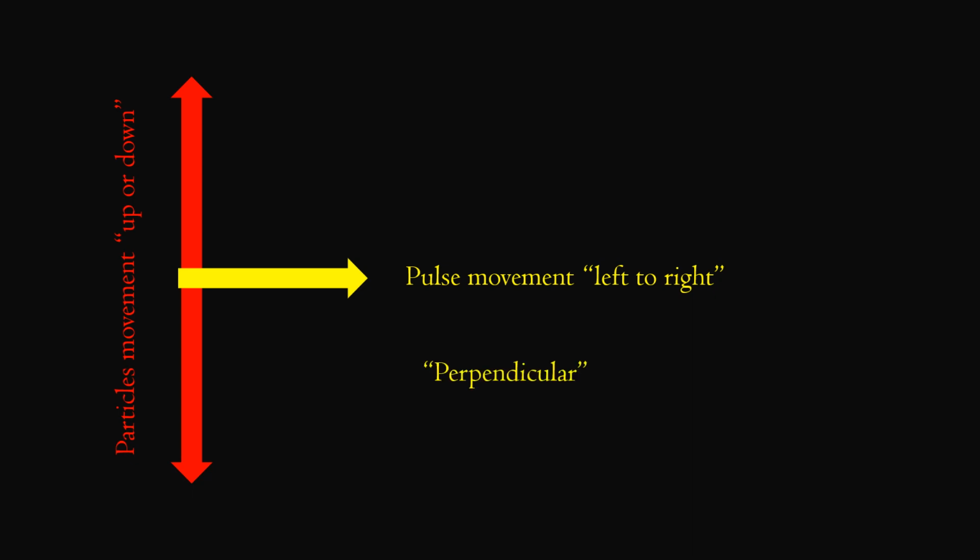This means that there's a 90-degree angle between them. The one direction is vertical, up and down, and the other direction is horizontal, left to right. We then say that the two directions are at right angles to each other. This basically means that we can fit an imaginary right angle triangle between the two directions like this.